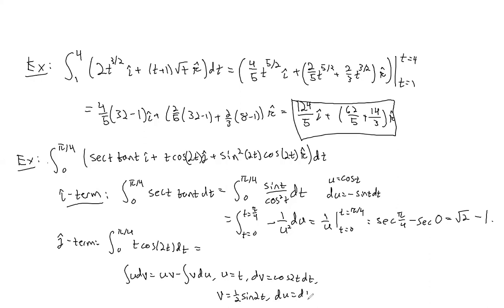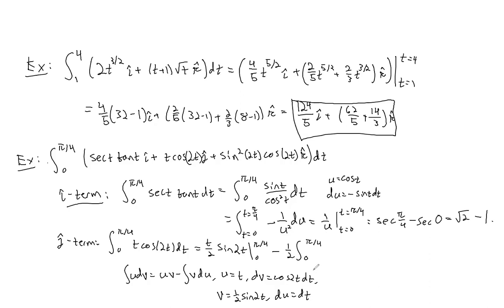du is just dt. So this becomes t over 2 sine of 2t, again from 0 to pi over 4, minus 1/2 integral 0 to pi over 4 of, let's see, where were we?